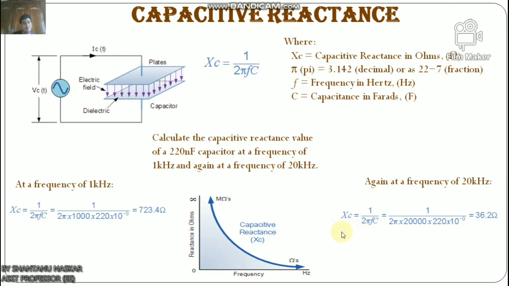So for any given value of capacitance, the reactance of a capacitor Xc expressed in ohm can be plotted against frequency. Look here, this is capacitive reactance against frequency. By rearranging the reactance formula here, we can also find at what frequency a capacitor will have a particular capacitive reactance.